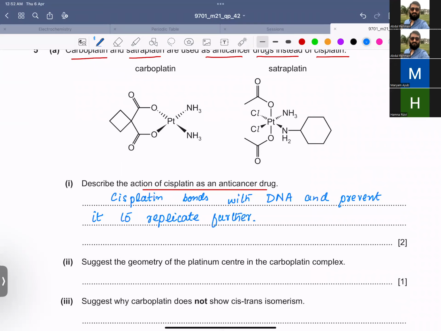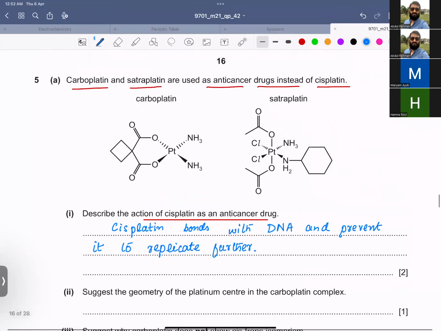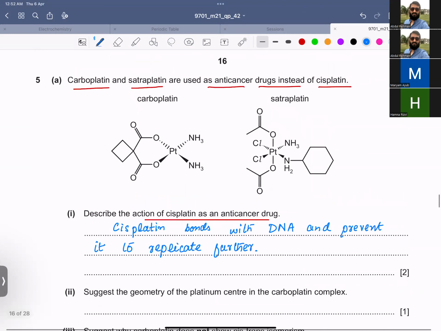Is this statement clear? So you must remember that whenever they ask you the action of any transition complex as an anti-cancer drug, you always write this statement.